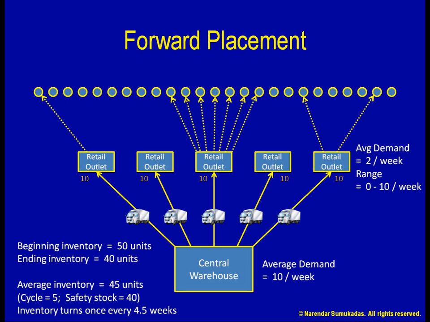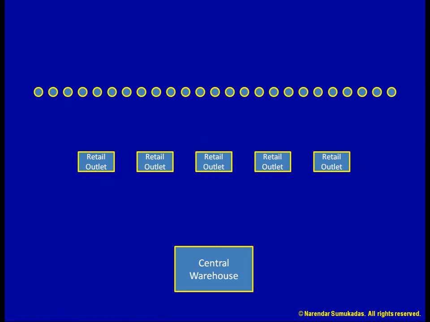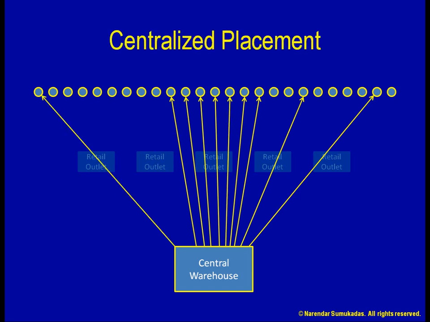An alternative arrangement would be to stock the bulk of my inventory in my central warehouse and ship it on an as-needed basis directly to my customers. This kind of arrangement is called centralized placement. At the warehouse level, the demand fluctuation for a particular SKU is much smaller than at the individual store level.